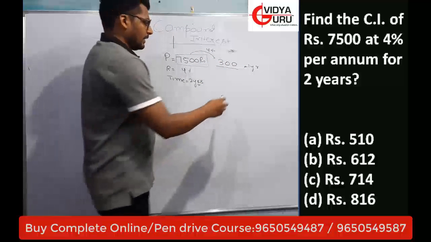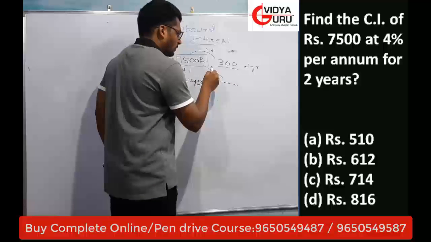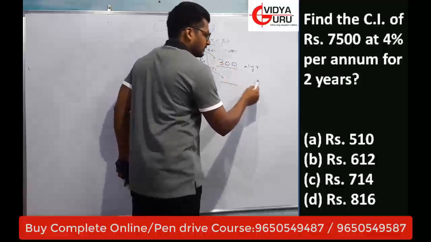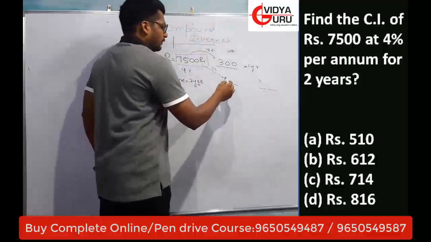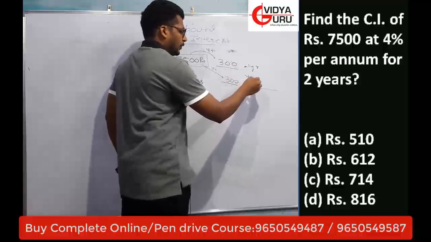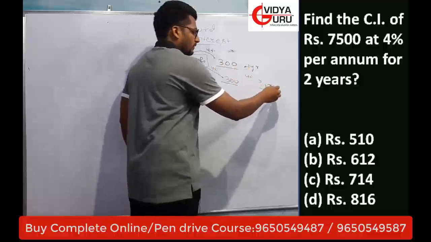For the second year, I will get interest on the principal also, and I will get interest on the first year's interest also. On 7500, 4% will be 300, and on 300, 1% will be 3, so 4% will be 12.